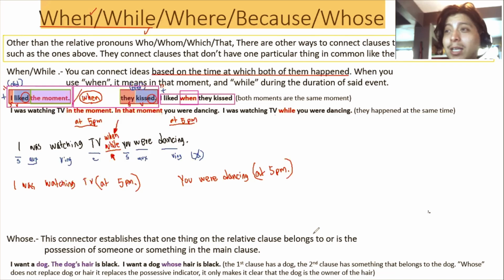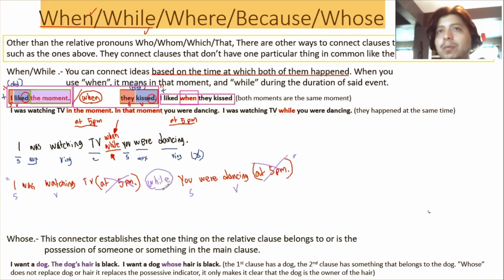Pero si yo sé que estas dos cosas pasaron al mismo tiempo, puedo conectarlas usando while. Y ahora yo tengo otra vez sujeto y verbo. Tengo dos sujetos, dos verbos, ya no necesito esto, porque este while ya está expresando que pasaron al mismo tiempo. Yo estaba viendo televisión mientras tú bailabas.